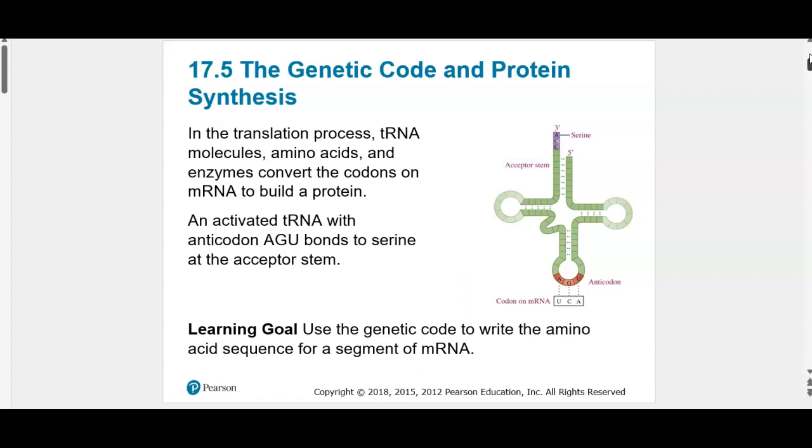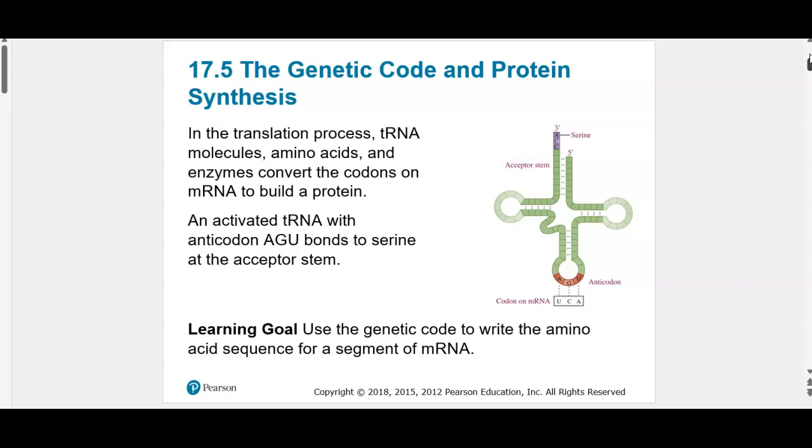Now we're going to talk about protein synthesis, which pretty much finishes off this basic description of protein synthesis. Actually, the nucleic acids do a few other things than that, but this is what you really need to know here.